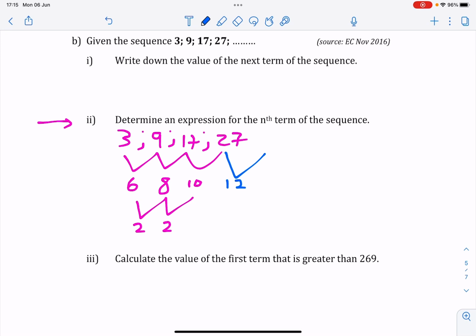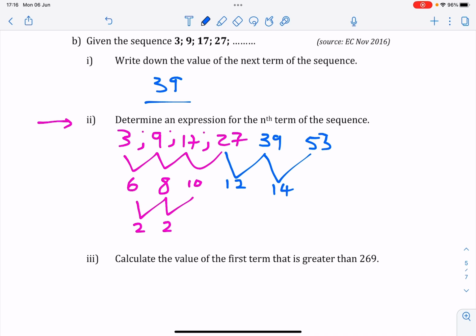So 27 plus 12 is 39. And I'll be plussing 14 here. So 39 plus 14 is 53. So those are our next two terms. 39. Oh, we just needed one term. So the next term is 39.